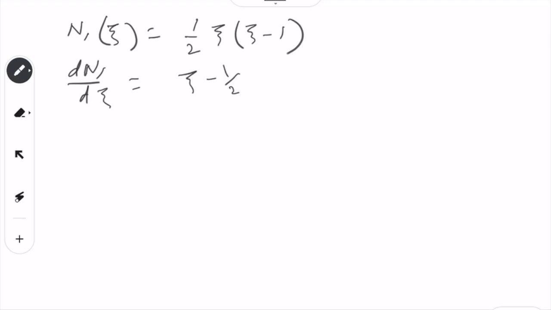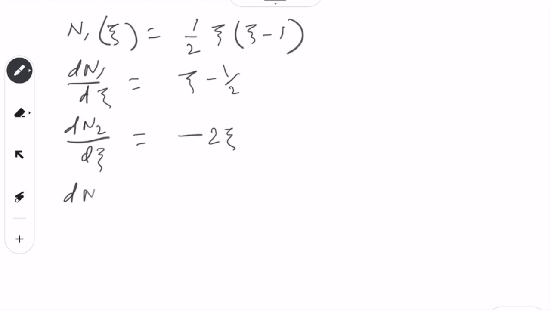Similarly, dN2 over dxi, from 1 minus xi square, was minus 2 xi, and at xi equal to 0 you have one value, so that's correct.